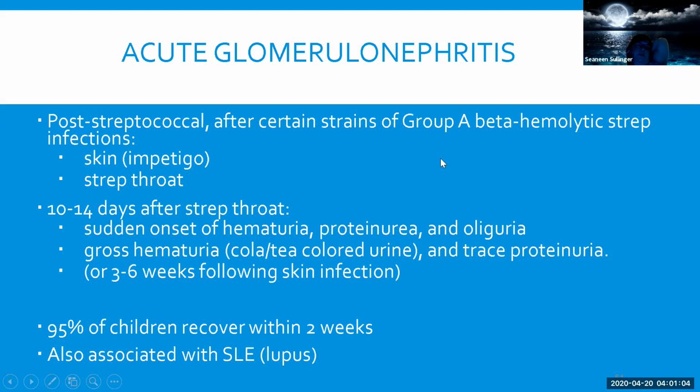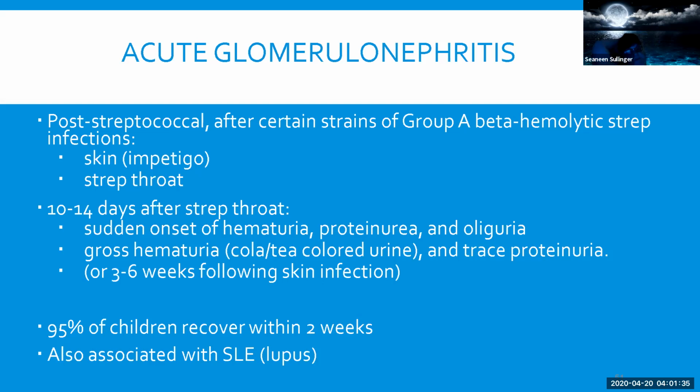So generally speaking, it's the group A beta hemolytic strep, and that can come from strep throat, sometimes from impetigo. You generally see it 10 to 14 days after the strep throat, and you'll have decreased urine output, potentially some blood in the urine, tea-colored urine with lots of protein in the urine.